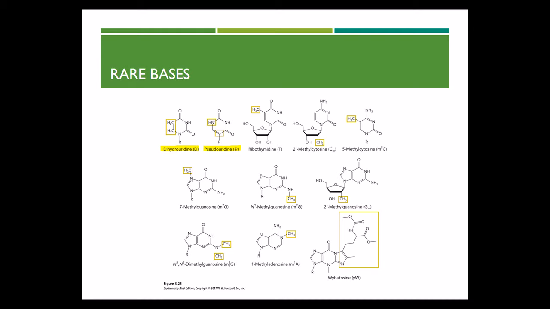And another common one would be dihydrouridine, with the highlighted boxes showing you the differences between the normal base that you would find and the modifications that are made. Another common base that's not seen on this table would be inosine, or symbolized with an I. We've talked about inosine in previous lectures.